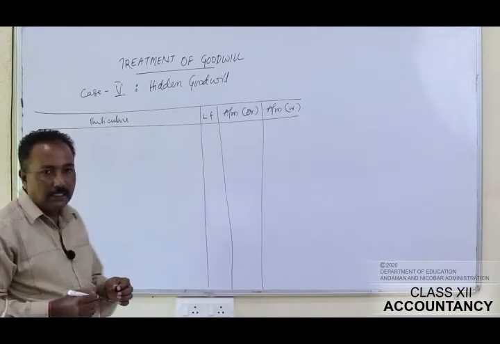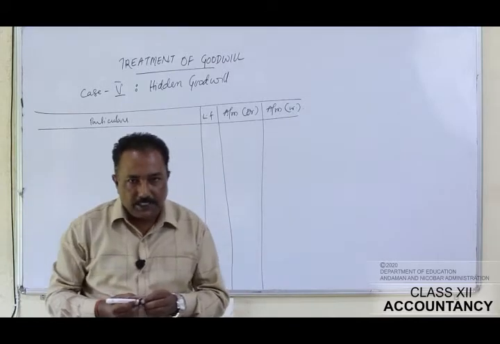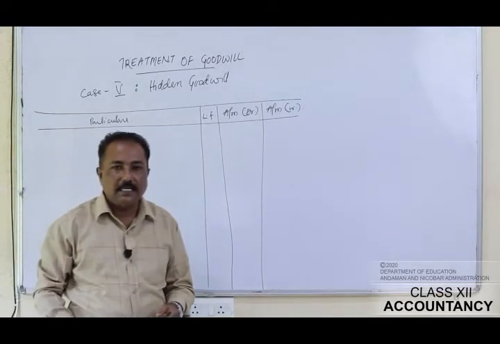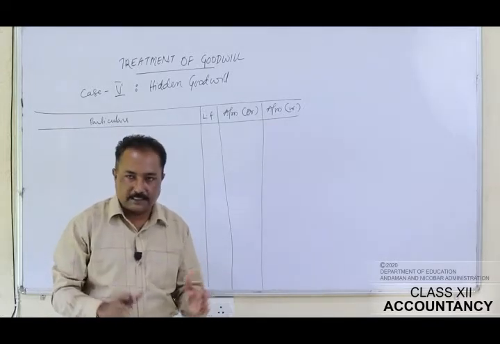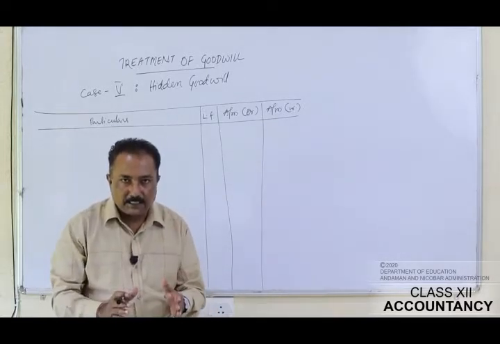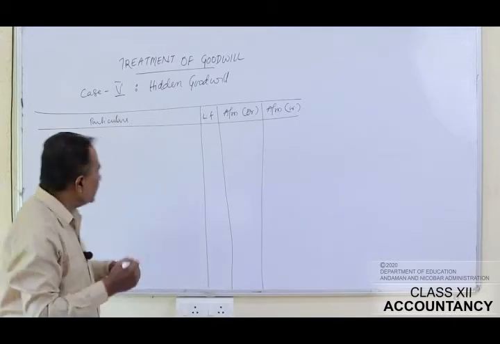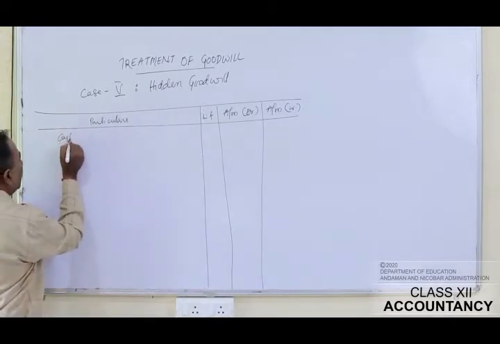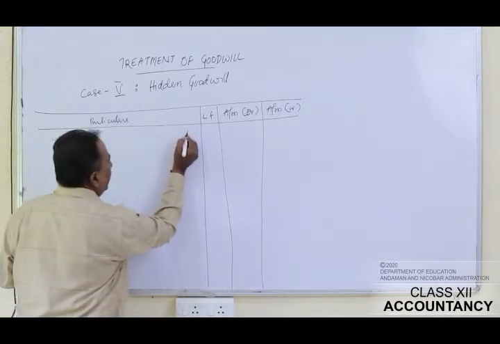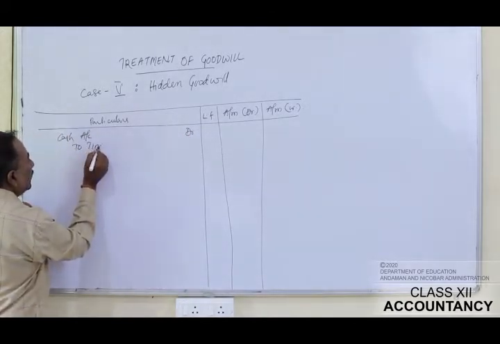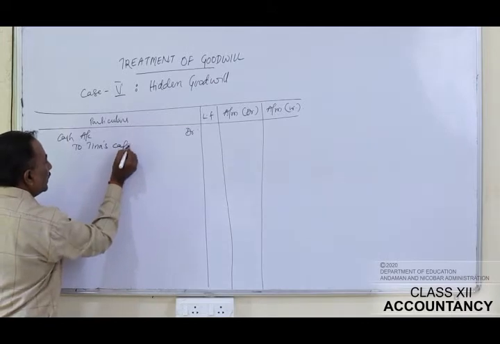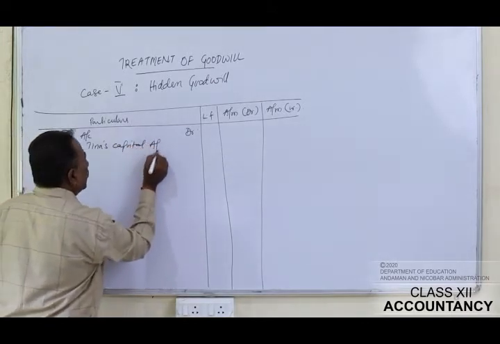Now, see, Tina took admission in the partnership business and she brought her share capital in the business. For this purpose, we will pass the general entry as cash account, debit to Tina's capital account.